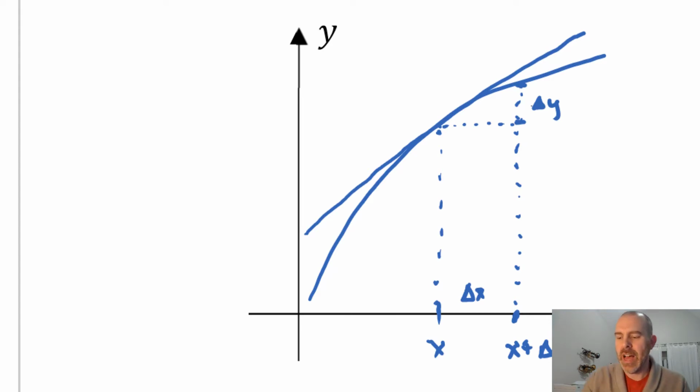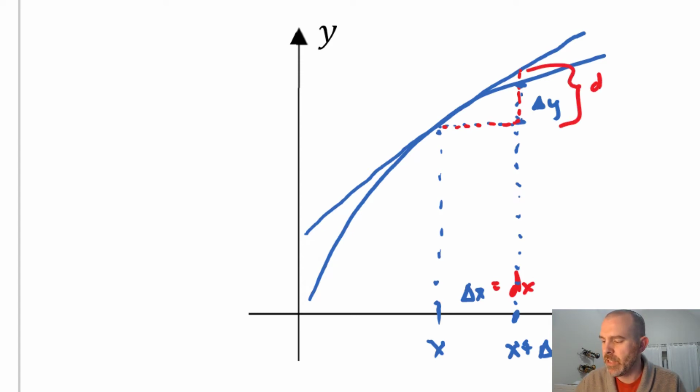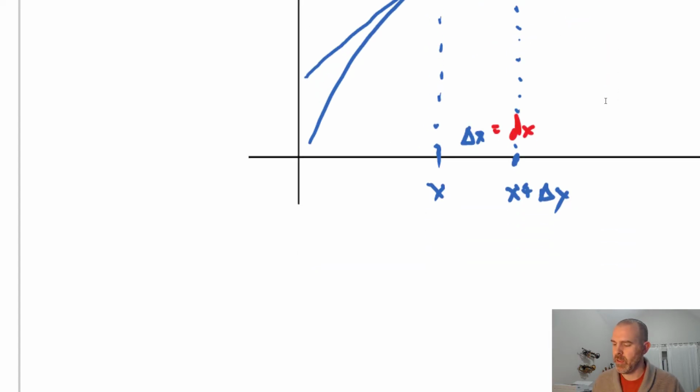And then the tangent line also has a change. It changes over the same x, so we'll call that dx, and that's the same as delta x. But the tangent line changes some dy. When we're close to the original x, the change in the tangent line is pretty similar to the change in the original function. The key here is that the change in the original function is approximately the same as the change in the tangent line.